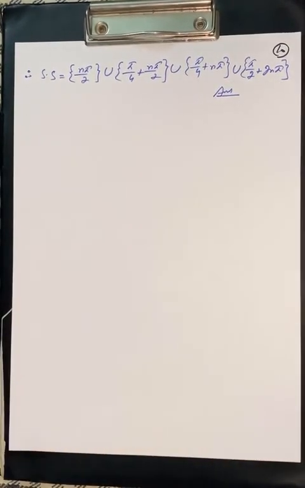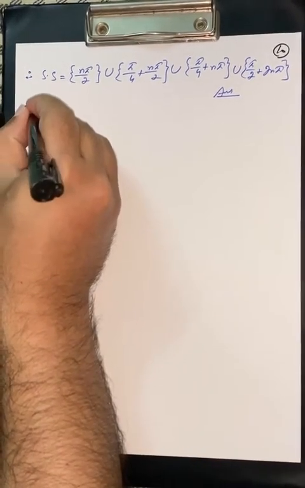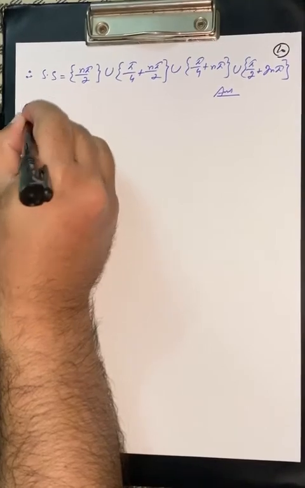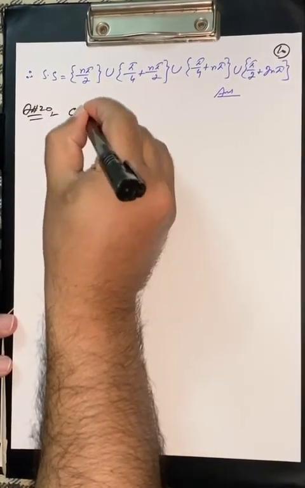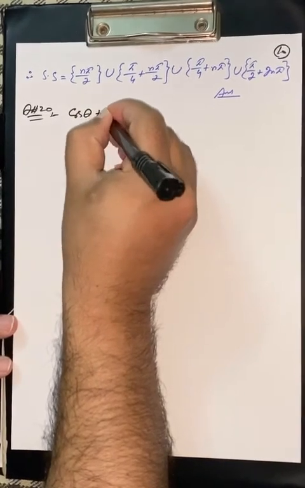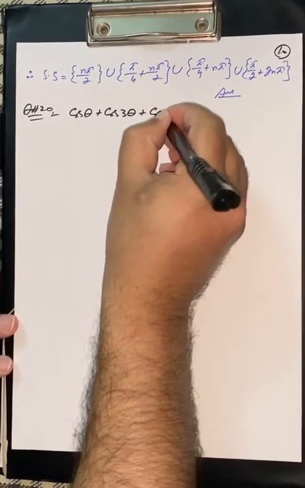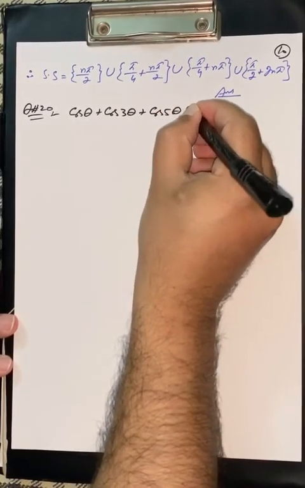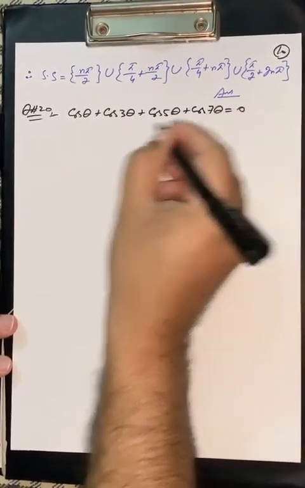19. Now we will go to solve question number 20, which is the last question of chapter number 14. Here I write the question number 20. The question is cos theta plus cos 3 theta plus cos 5 theta plus cos 7 theta equals 0.